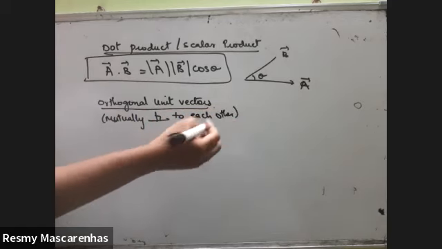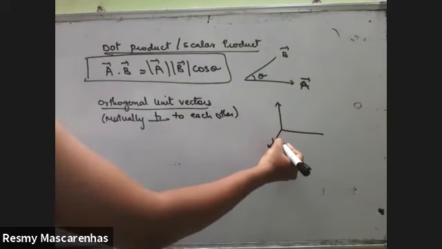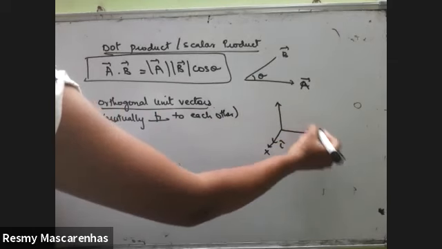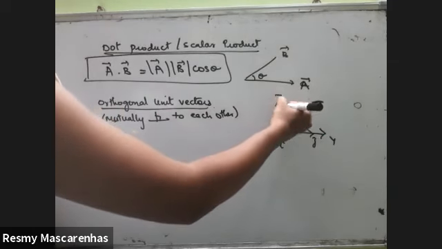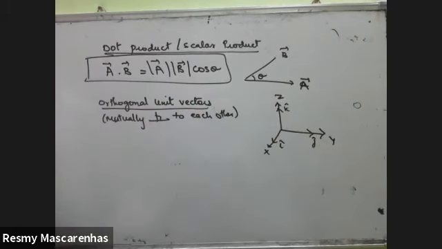They are nothing but the standard unit vectors which we have already seen. One is along the x-axis, that is the i cap. One is along the y-axis, that is your j cap. And one is along your z-axis, that is your k cap. So these are your orthogonal unit vectors, also called standard unit vectors.